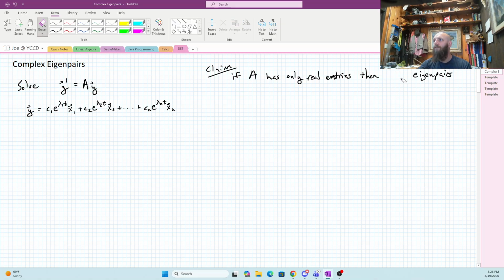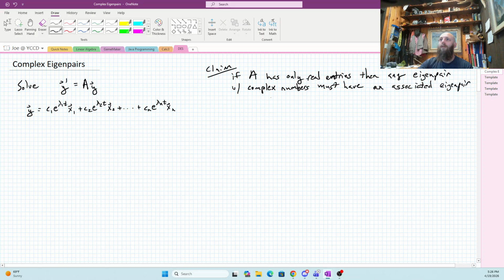Then any eigenpair with complex numbers must have an associated eigenpair made of the complex conjugates.